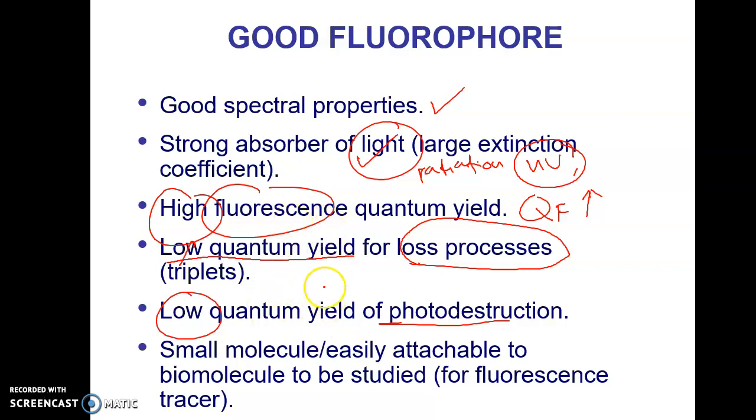A good fluorophore usually is a small molecule easily attached to a biomolecule or any biospecies, as a fluorescent tracer. Remember in the first few videos on fluorescence, I mentioned that biochemists or medicinal chemists use fluorescent compounds so that they can see the fluorescing compound under the microscope.